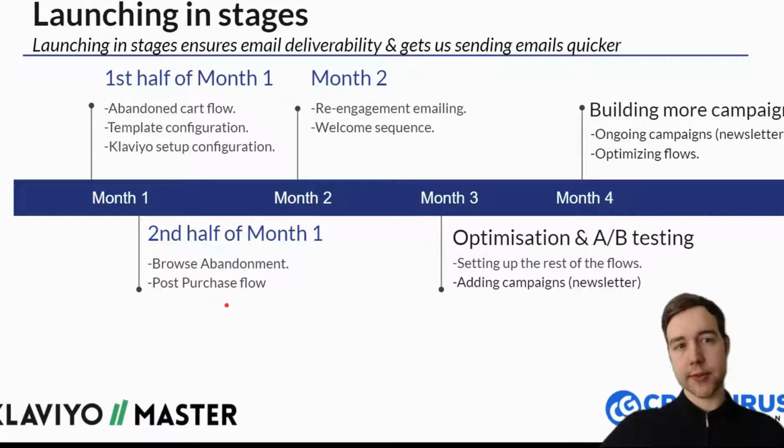Why do we do this? The most important thing is ensuring email deliverability, and that is going to be the underlying theme here today. So every new domain email account comes with a neutral reputation to start off with, and it takes time to build up a good reputation.